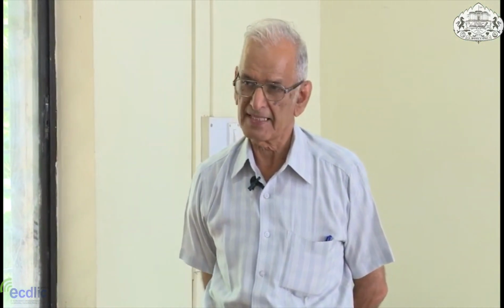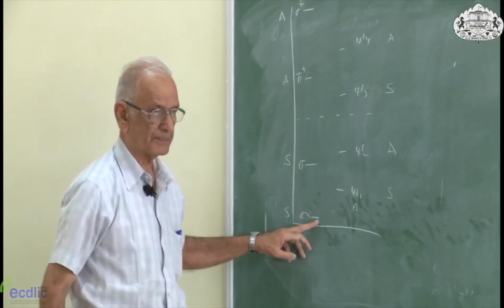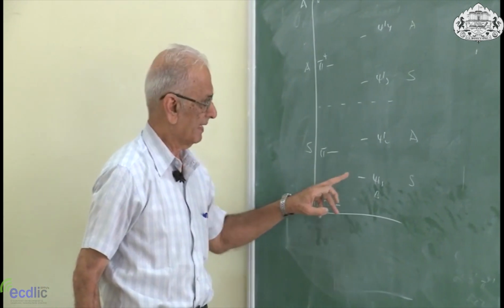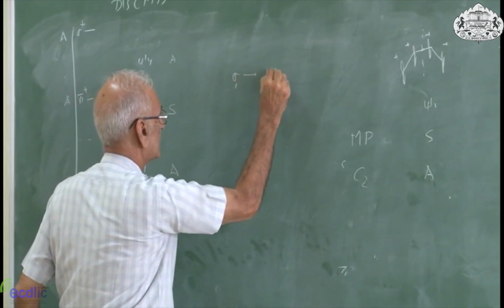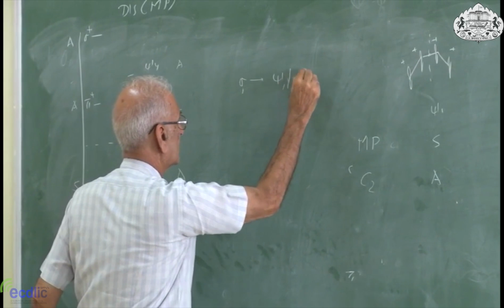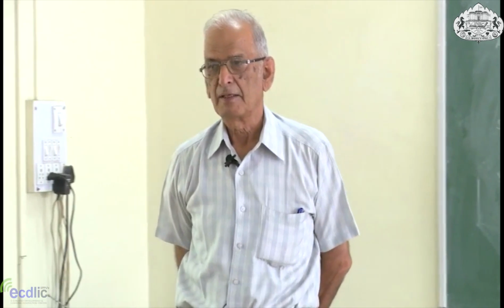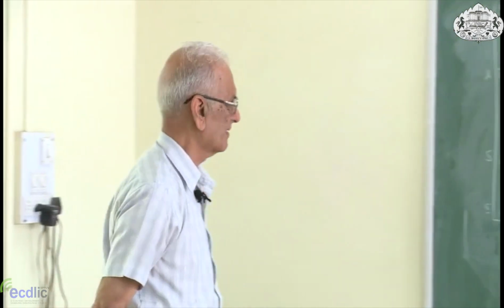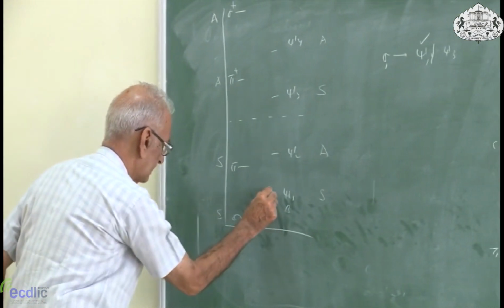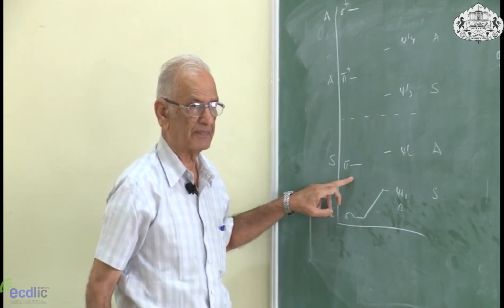Now we are going to join orbitals of like symmetry. So when I look at sigma, it is symmetric. Therefore, I can join to psi 1 or psi 3. But psi 1 has lowest energy, so the principle of minimum crossing tells me that I will join with psi 1. When I look at pi, it is symmetric.